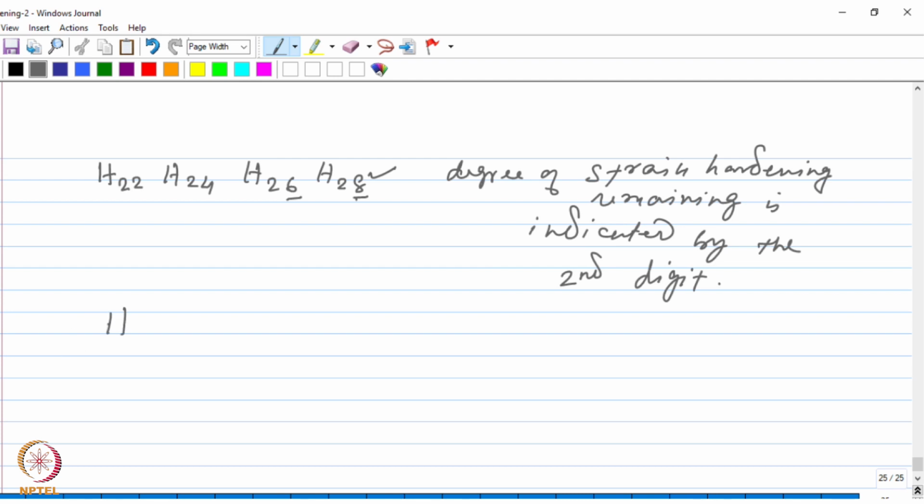And finally, you also have H3. So here it is strain hardened first, and then stabilized or annealed.